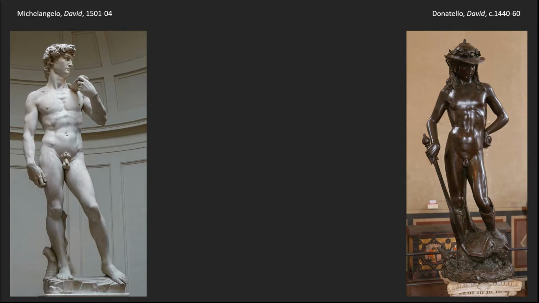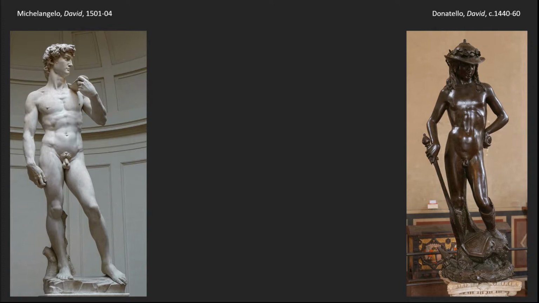There's none of these remnants of clothing. The only anecdotal detail that we have is the sling over his shoulder. And the hand that's down by Michelangelo's leg has the rock in it. Right?